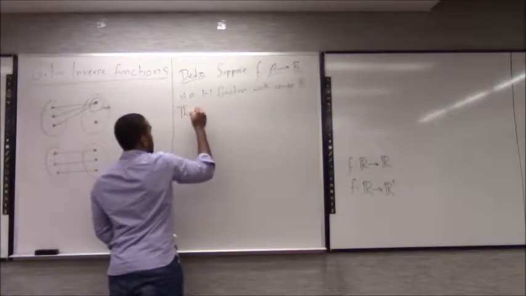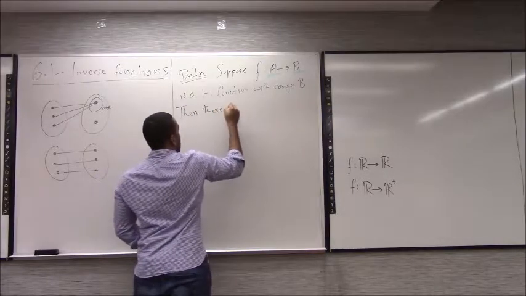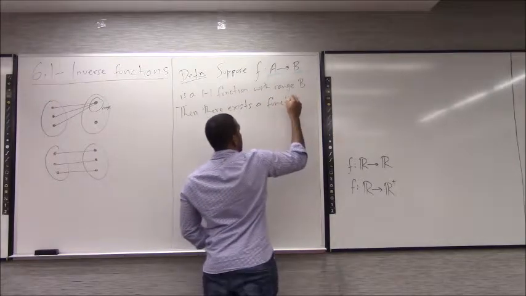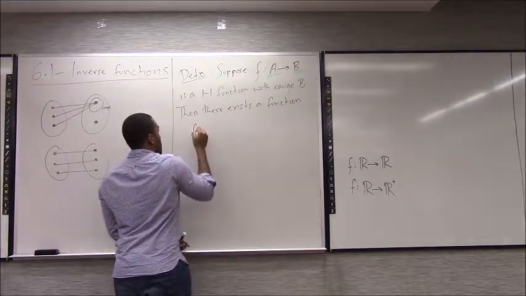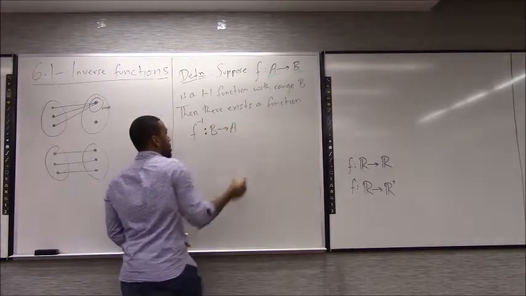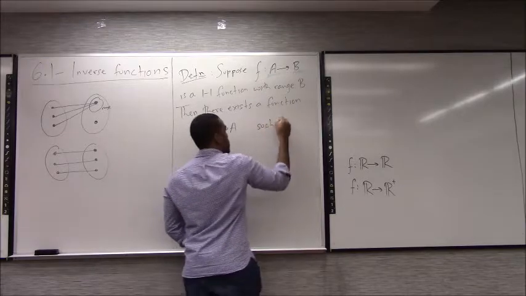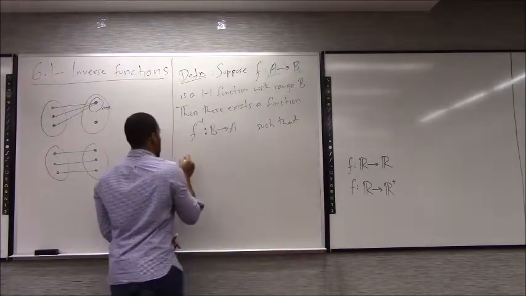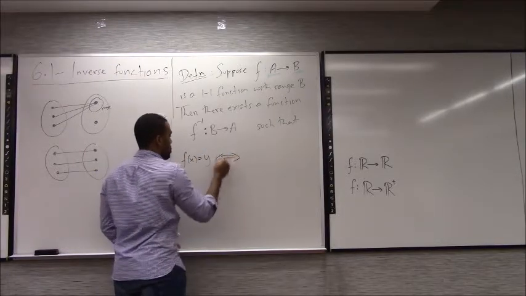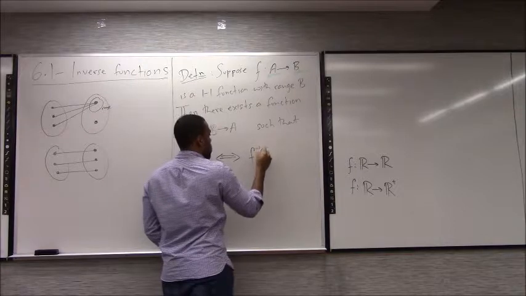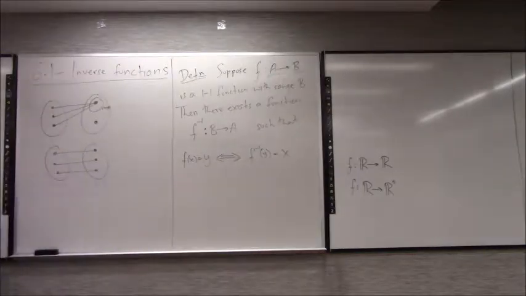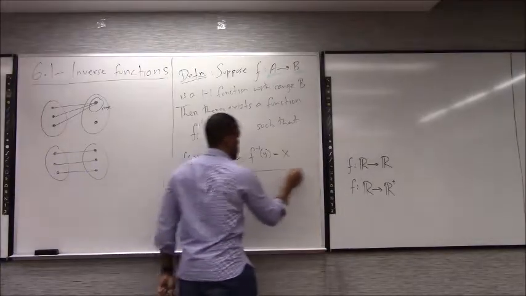Then there exists a function, which we call f inverse, that goes from B to A, such that if f of x equals y, it would mean that f inverse of y would be x. It's a function that undoes your function. It goes backwards. Okay? This is our definition for an inverse function.